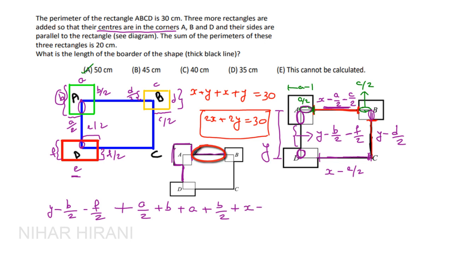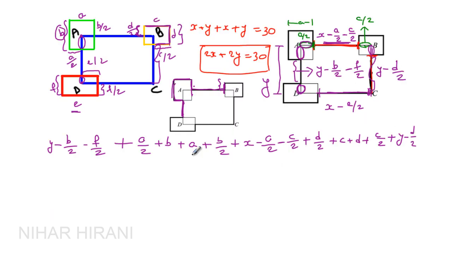X minus a upon 2 minus c upon 2. Plus this much, that is over here, d over 2. Plus this is c, plus this is d, plus this is c over 2, plus now this much. So this much we already concluded here, y minus d over 2. Let us go ahead, plus this much from here to here, that is x minus e upon 2.